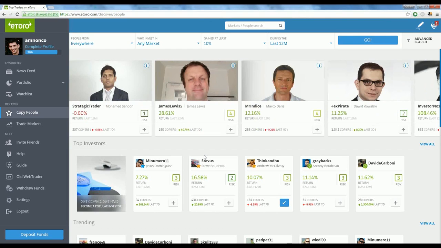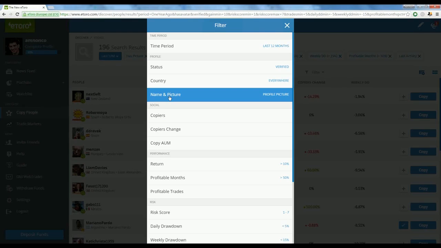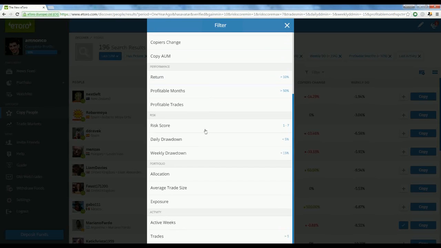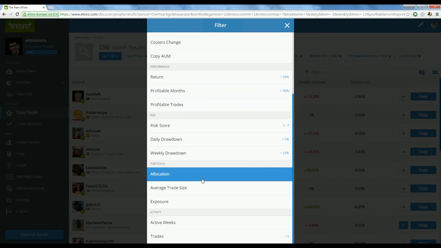Amnon, if you just want to go into someone's page, try to find someone who's copying. If you want to do the search first, so we can see how to find that. If you go to copy people, and I think it's under portfolio or something. I don't think we have the allocation people. Yeah, it's allocation people.